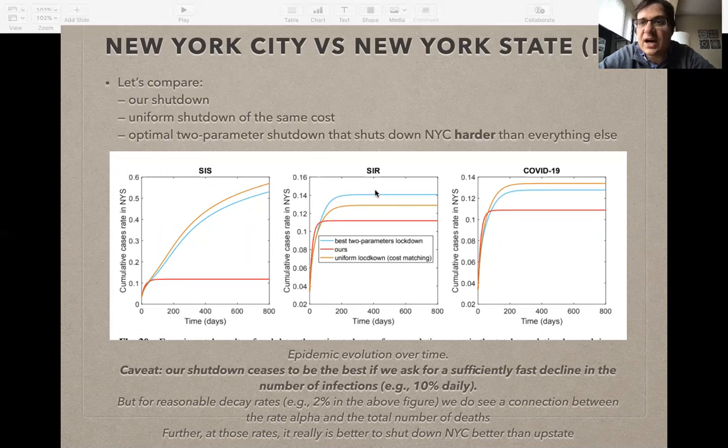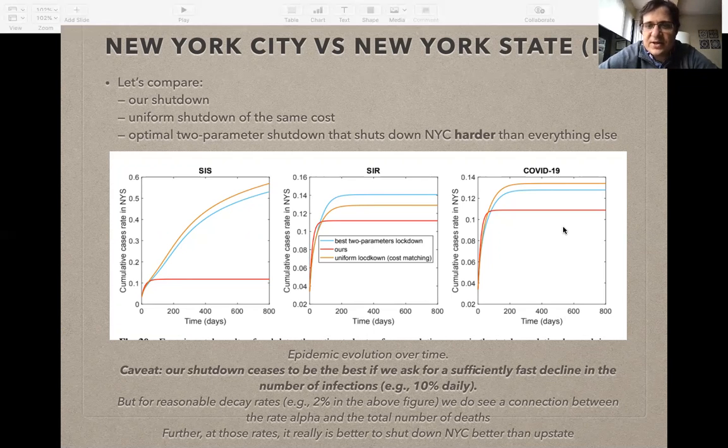And you shut down New York City harder, and that's in blue. So our shutdown outperforms. So you really do get a benefit, in this particular case at least, of shutting down places that have fewer infections.